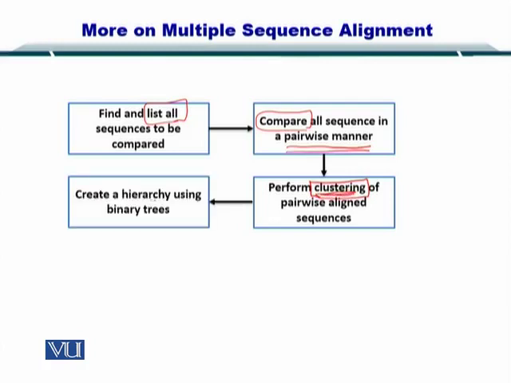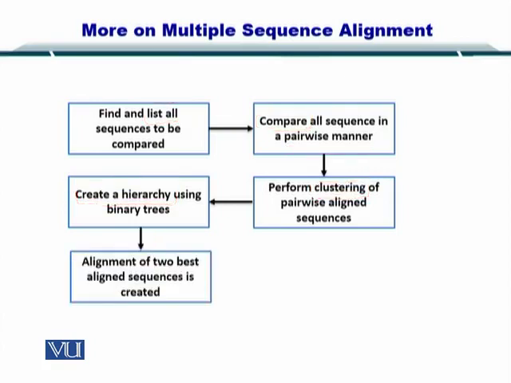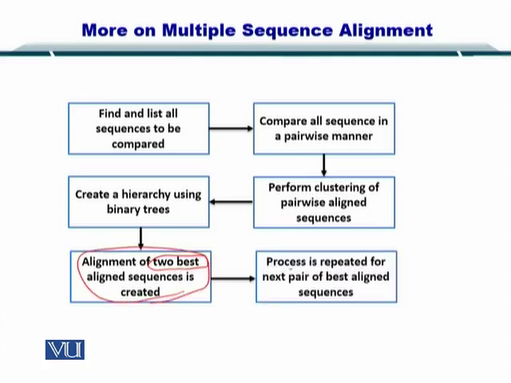So next, using this clustering information, you create a hierarchy using binary trees, or simply something like this. Next, you align the 2 best sequences and you keep them with you, and you repeat the process for the next pair of best aligned sequences.